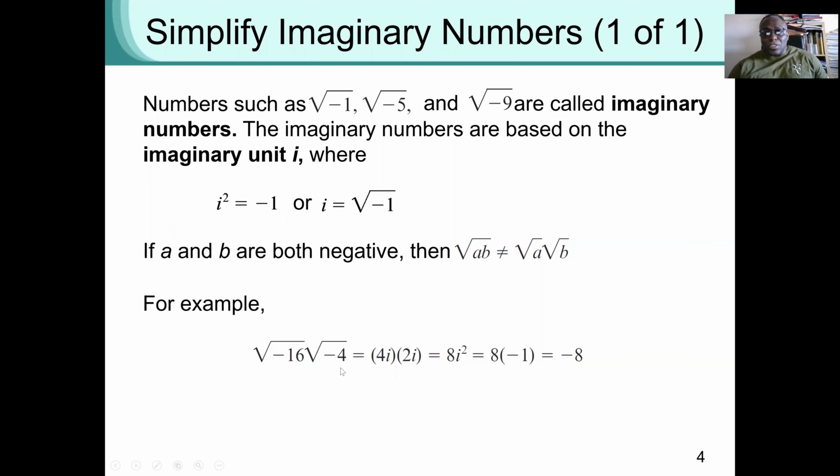It will give me a positive value. So I'll get the square root of 64. And the square root of 64 will give me positive 8. So that's what we mean by this rule again. If A and B are negative values, then the square root of AB is not the same as the square root of A times the square root of B. The square root of negative 16 times the square root of negative 4 will give me negative 8. But the square root of 16 times 4 will give me positive 8.